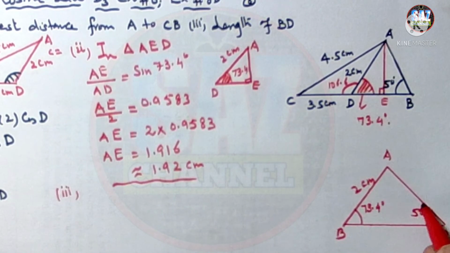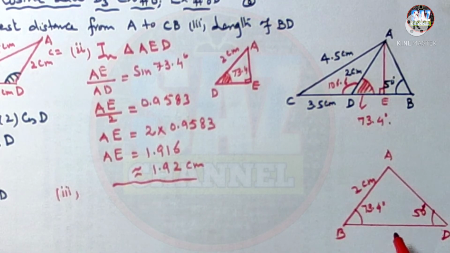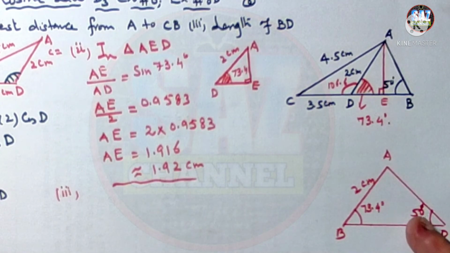Now we can see that we are given only one length, so we cannot apply cosine law here. And if we think about sine law, we are given two angles.